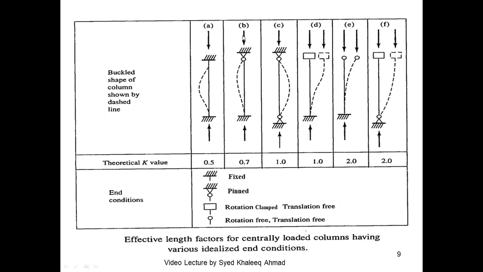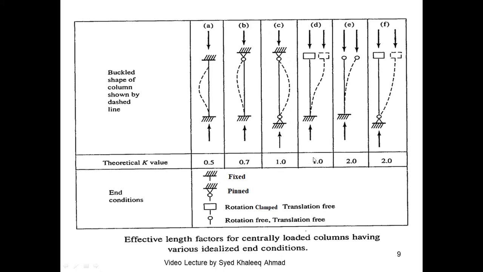Here are different end conditions for which we can take the values of K. When both ends of the column are fixed, K will be taken as 0.5. One end fixed and another end hinge or pin, it will be 0.7. Both ends pinned, this is the condition for our ideal column, so K is equal to 1.